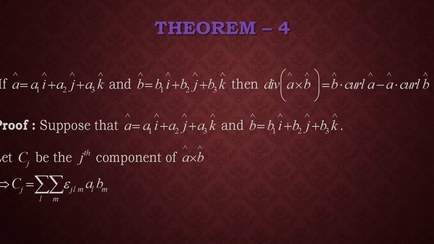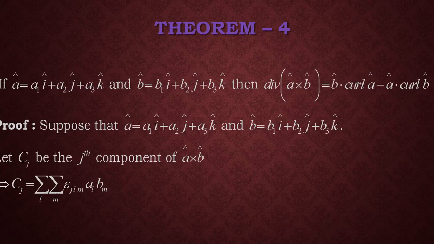I proved 3 theorems in my previous lecture. Now this is theorem number 4. In theorem 4, we take 2 vector fields A cap equals A1 I cap plus A2 J cap plus A3 K cap and B cap equals B1 I cap plus B2 J cap plus B3 K cap.